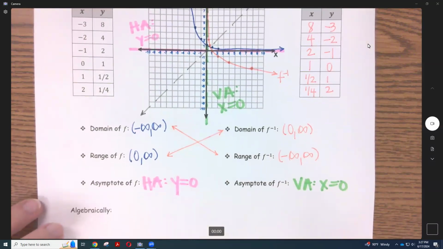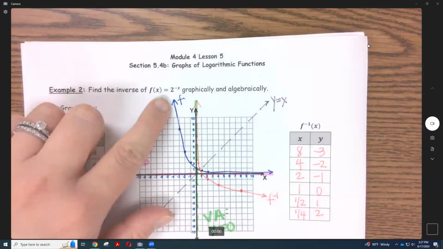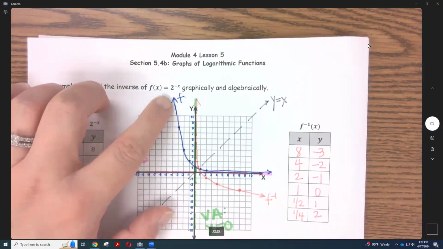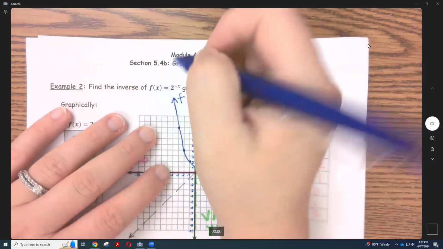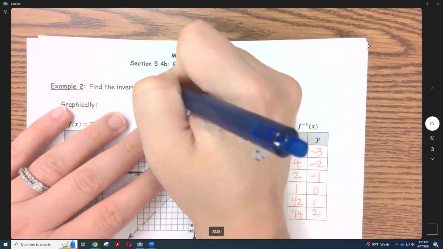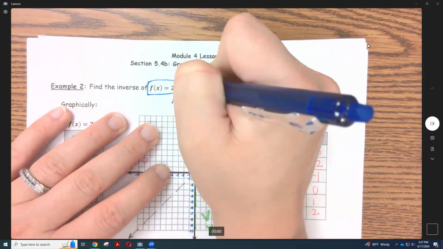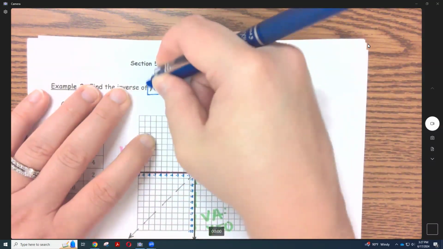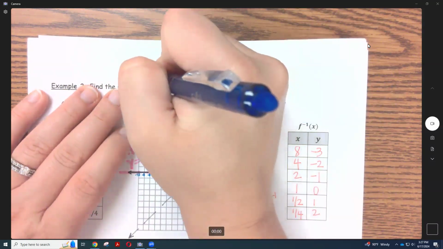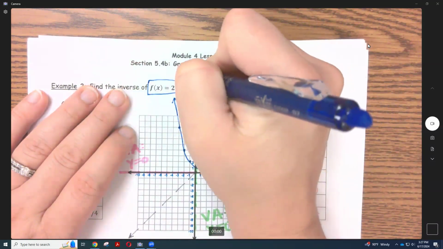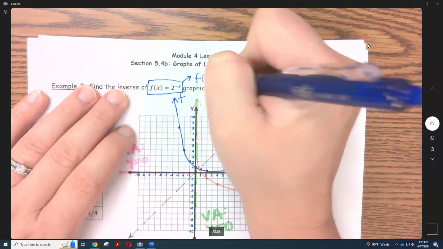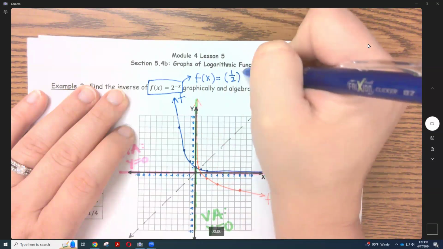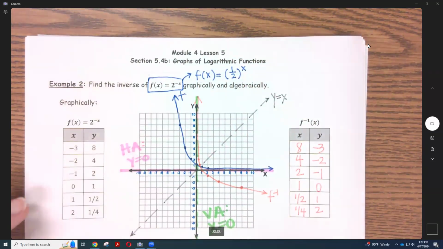So now let's do this algebraically. Before I do this algebraically, I am going to go ahead and rewrite this in its more proper form, which is the same as f of x equals 1/2 to the x power.